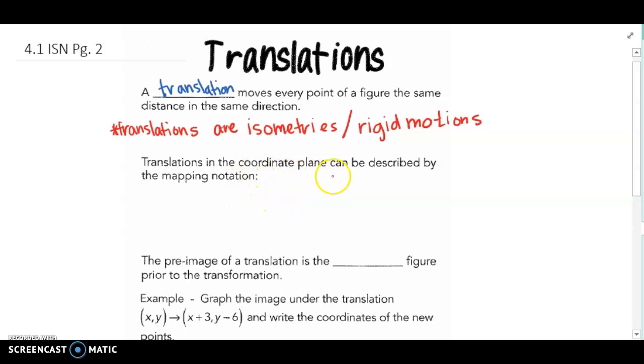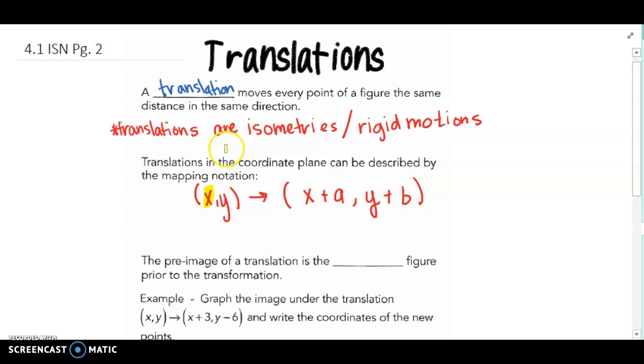Translations in the coordinate plane can be described by mapping notation. This is how we write it in math form: (x, y) goes to (x + a, y + b).